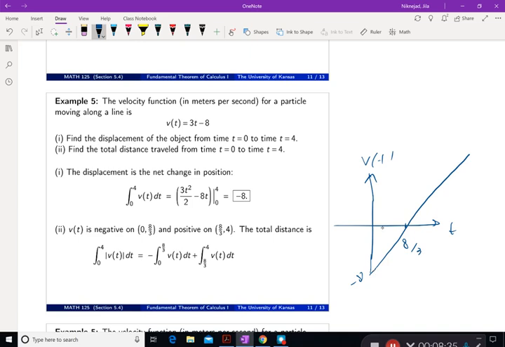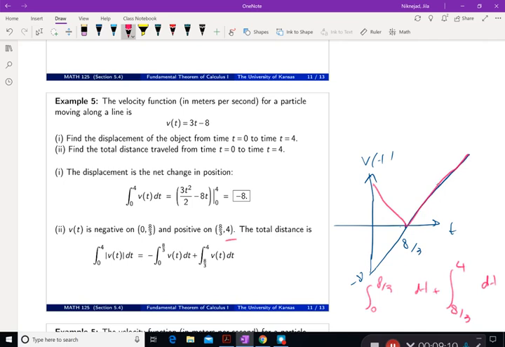Between here and here, if I'm taking the absolute value, let me draw the absolute value function. The absolute value of v of t would look like this, right? This V shape. So I have to break it down into two pieces: 0 to 1/3 dt plus 1/3 to, what's the last point? 4 dt.